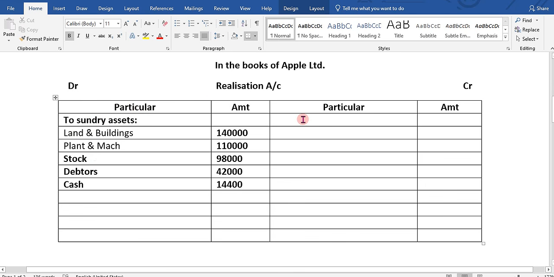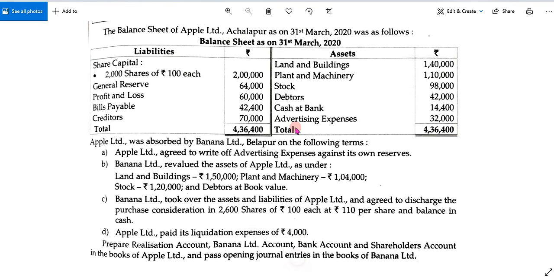Now to the credit side, you will note down all the sundry liabilities. The liabilities we have in the question are bills payable and creditors.